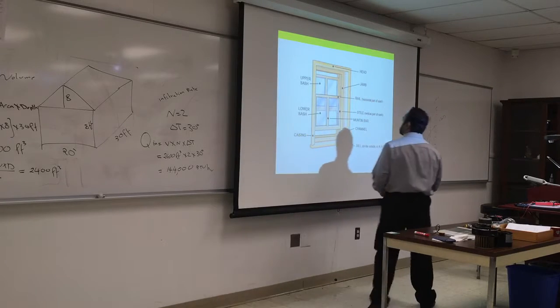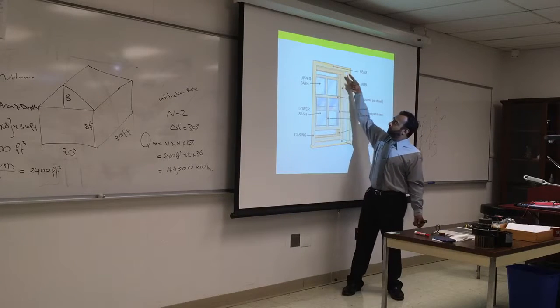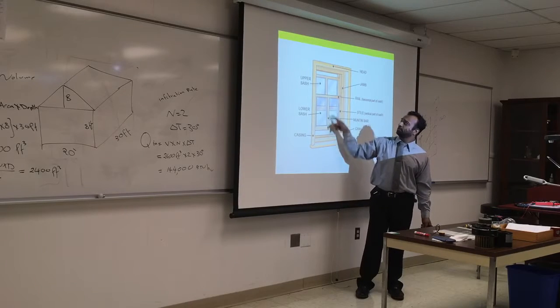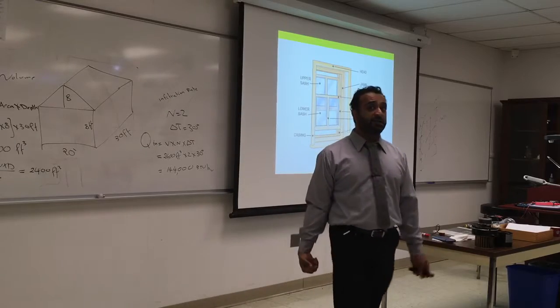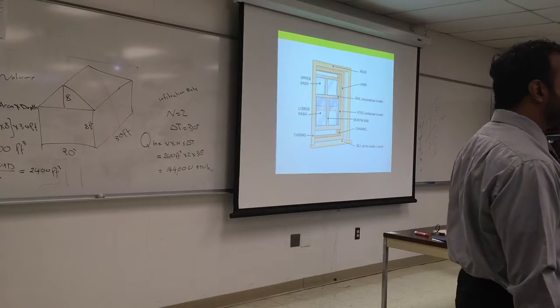Rails. So think of this area. That's a lot of surface area. If this is made of aluminum, it's going to conduct a lot of heat, and also these. Yeah, wood. Wood is very good for conductivity, but it has issues with, again, deterioration. It has to be well treated.